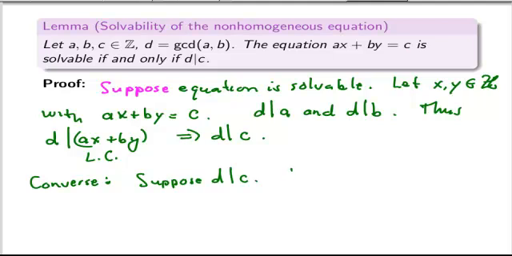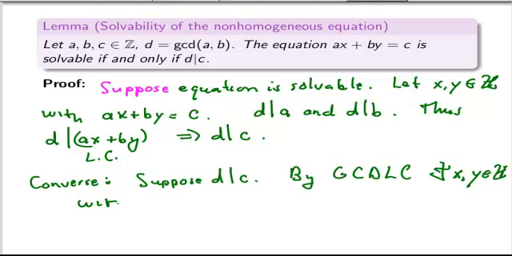Well, by GCDLC, there exist integers x and y with ax plus by equals d. Aha! If we just multiply through, we should get a solution with c.